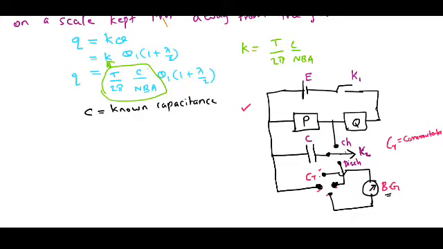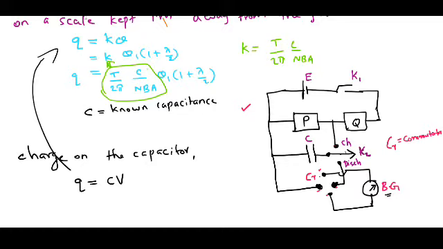We know the expression for the charge on the capacitor, that is Q is equal to C into V. We are also having the expression Q is equal to K theta, where this K is the charge sensitiveness of BG.